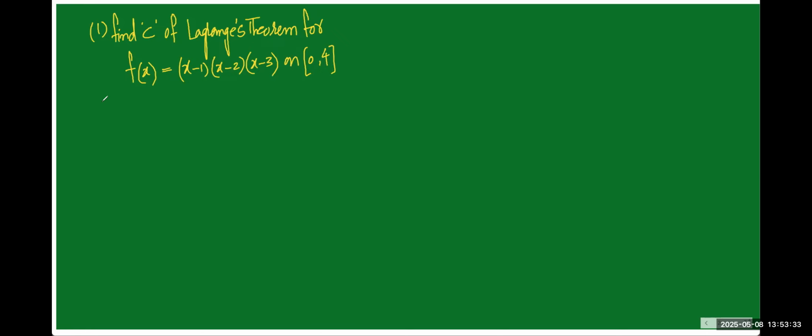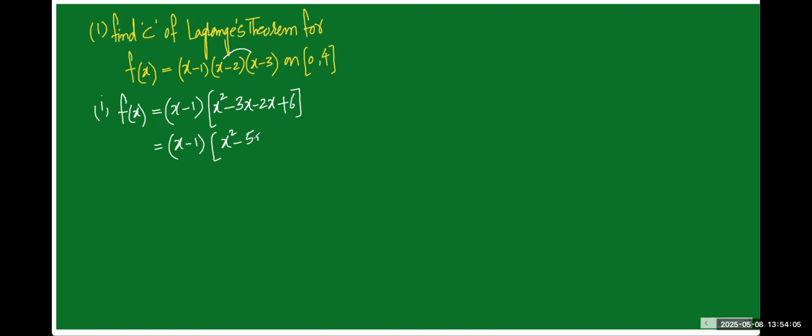Condition number 1, f of x is continuous or not. Before that, let me write f of x here. f of x is equal to x minus 1 as it is, and we multiply these two to get x square minus 3x minus 2x plus 6. This is equal to x minus 1 into x square minus 5x plus 6.